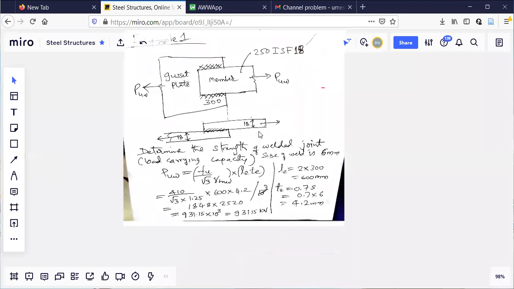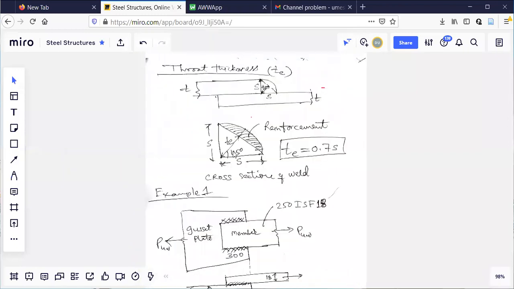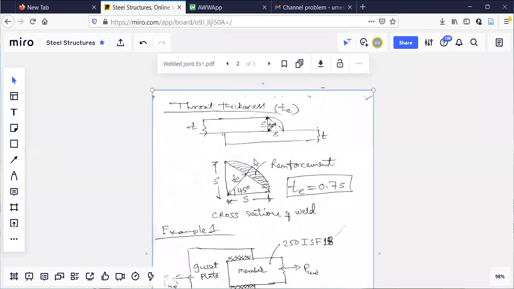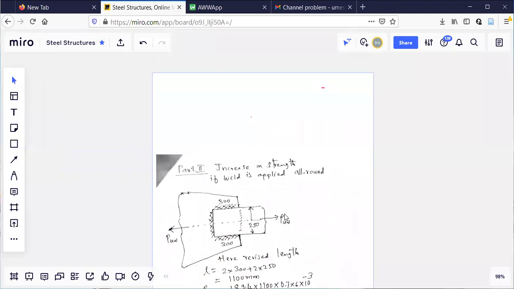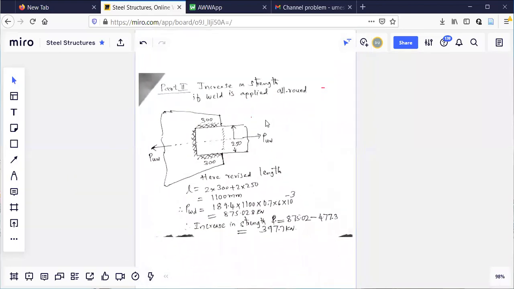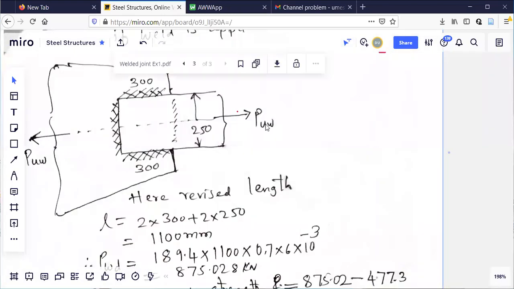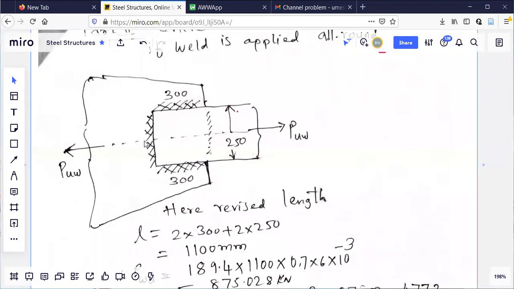So first part is, I think you understood. Second part, increase in strength if the weld is applied all around. So here also 300, here 250, because width of the plate is already there in the problem.